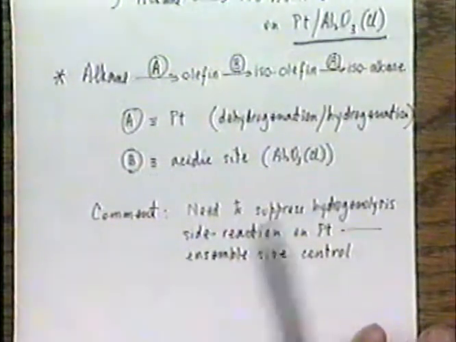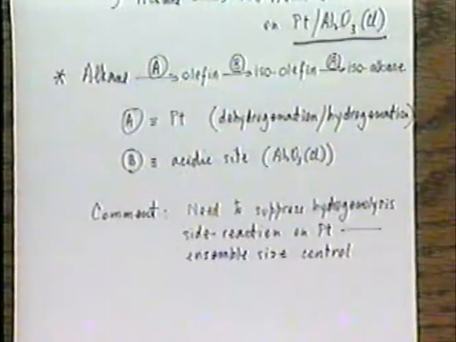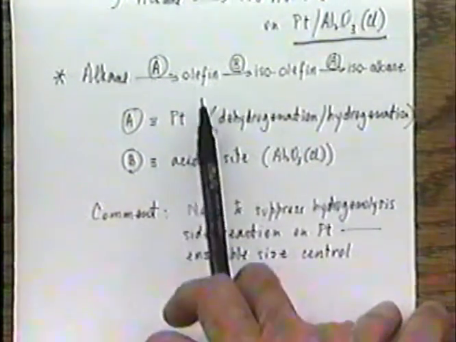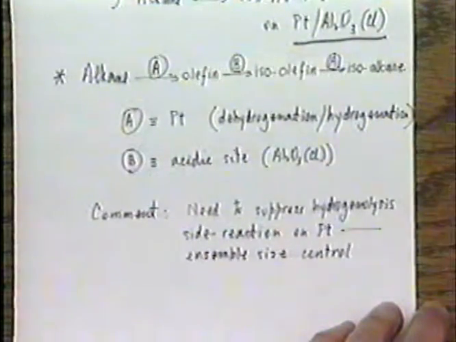One other comment towards the bottom. It is known, and we mentioned this earlier in these lectures, that platinum has several basic functionalities with respect to hydrocarbons. The platinum will function as a hydrogenation catalyst as well as a dehydrogenation catalyst, and this first step, alkane to olefin, which is a dehydrogenation step, will require the temperature to be fairly high so that you can get a tolerable equilibrium concentration of olefin in the dehydrogenation process.